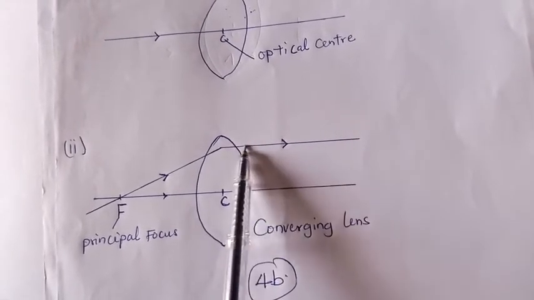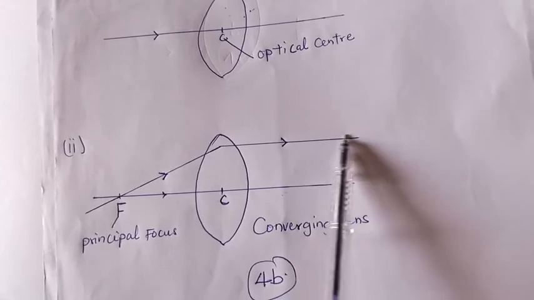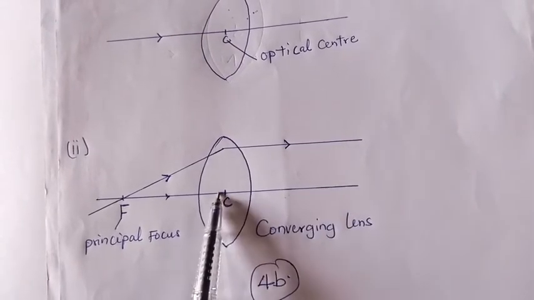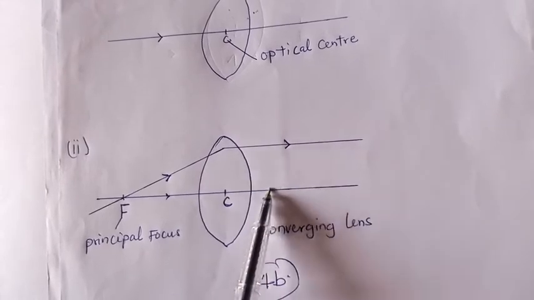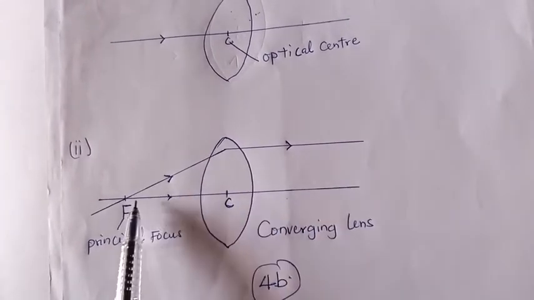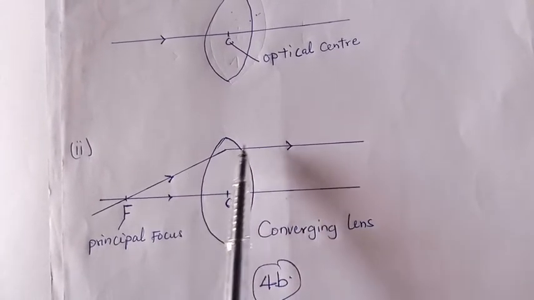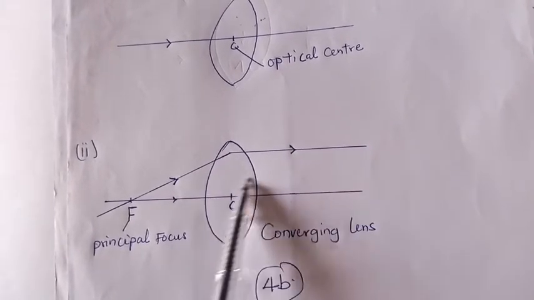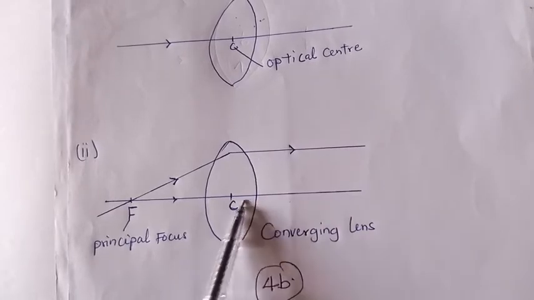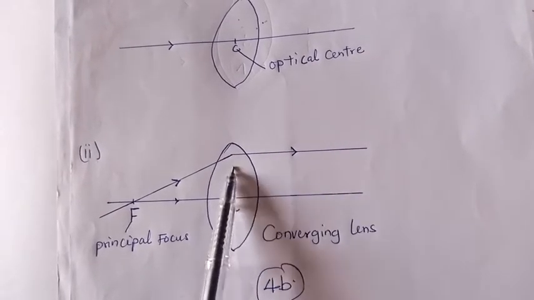What I mean by parallel is that the line through which this is traveling will not meet the line through which the other one is traveling. Therefore, we say the lines are parallel. These lines we are showing here all represent the path of light traveled by a light ray. And this is a convex lens.